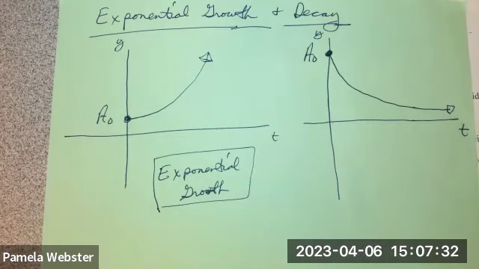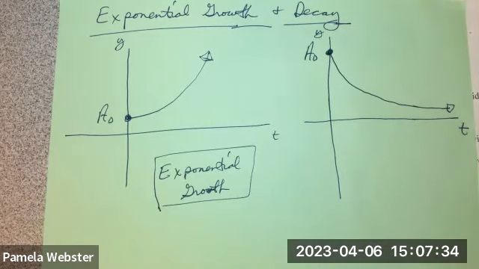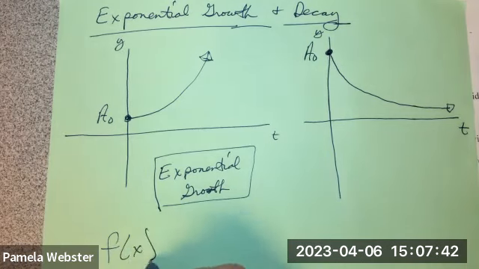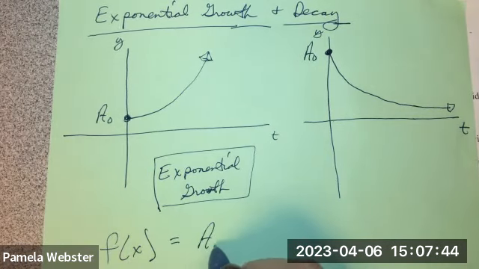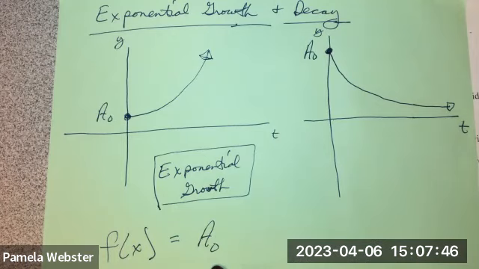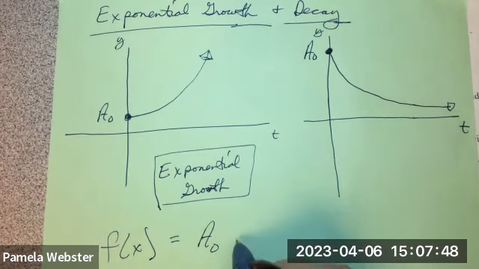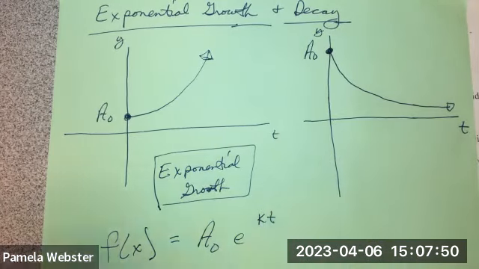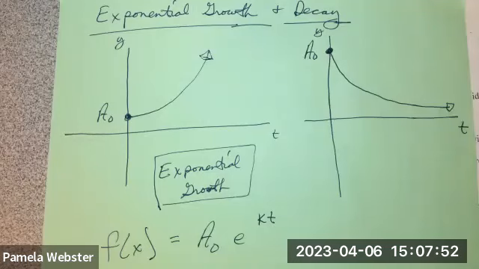There are two basic formulas for these that we're going to see. One is, sometimes they give it to us as a function, where we take the A sub naught, the initial amount, and we multiply it by e to the kt, okay? I'll explain these in a second.